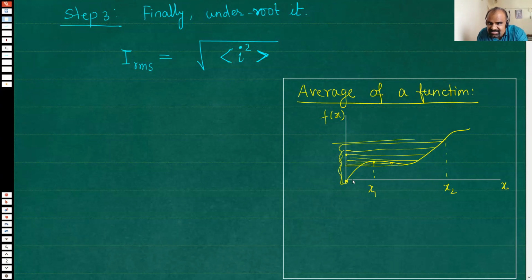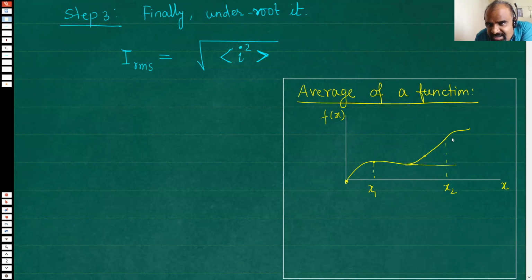The function first decreased and then increased within this range x1 to x2. I want to find the average value. Now you can just glance at this graph and guess that somewhere the average of this function lies. This is the lowest value of this function, and this is the highest value of this function within this range. So the average will lie somewhere over here. So this will be the average value of the function, this one.